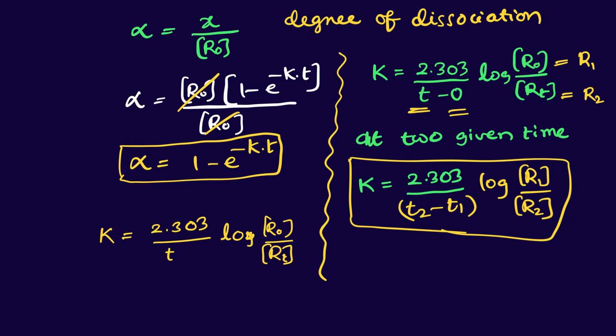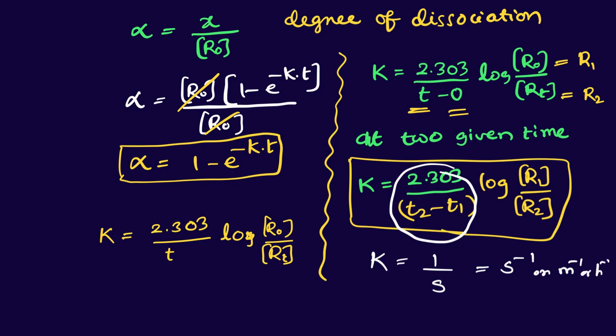Now the rate constant unit. This term is time, therefore 1 by second. The log units are not taken, and even if taken they cancel out, therefore this can be represented as second inverse, minute inverse, or hour inverse, according to what unit is given in the question.